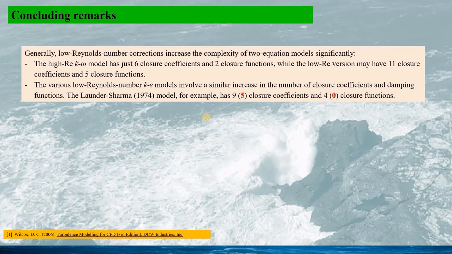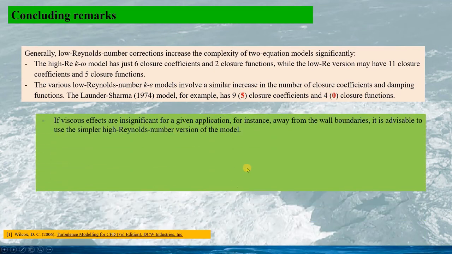This much increased complexity of the turbulence model could only be a severe problem if the turbulence model needs to be fine-tuned for some specific applications. In using the different turbulence models, if viscous effects are insignificant for a given application, for instance, away from the wall boundaries, it is advisable to use the simpler high Reynolds number version of the model.